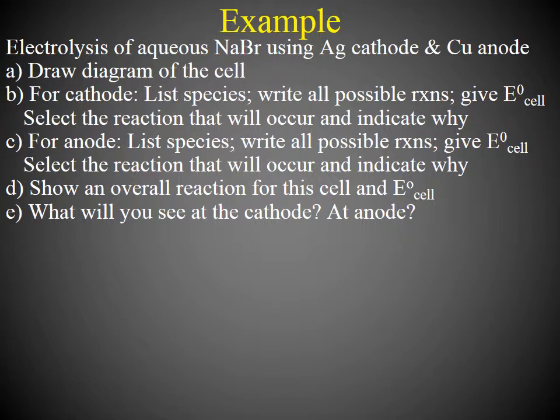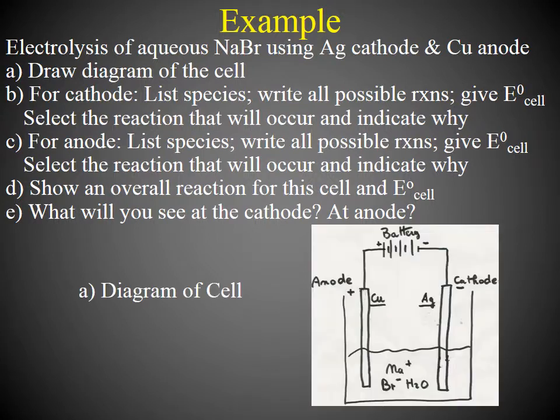Well, you should realize immediately this is potentially an electroplating situation because the electrodes are not inert. They're not stainless steel, they're not graphite, or platinum. So let's go through this example. First of all, let's draw the diagram of the cell. And here it is. This is drawn exactly like the other cells.